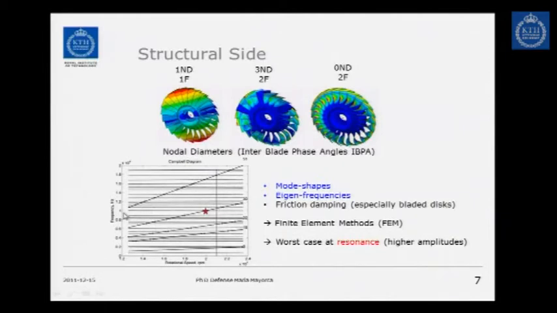And when the excitation lines, called engine order lines, cross with the eigenfrequency, you have a resonance condition or a potential resonance condition. And then I just highlight one of these crossings. So we not only have one, but we might have, as you see, many crossings there in the operating range.